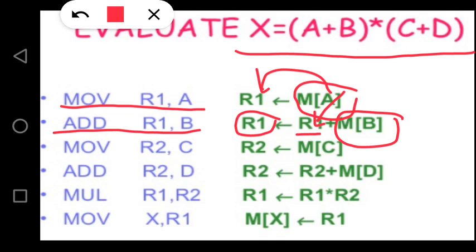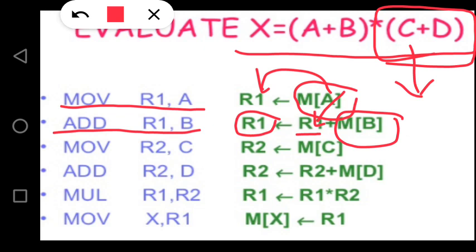Similarly, now you can write. First, take the memory location of C and move it to another register called R2. Here you can't use R1 because R1 already has the value of A plus B. A plus B is now stored at R1.